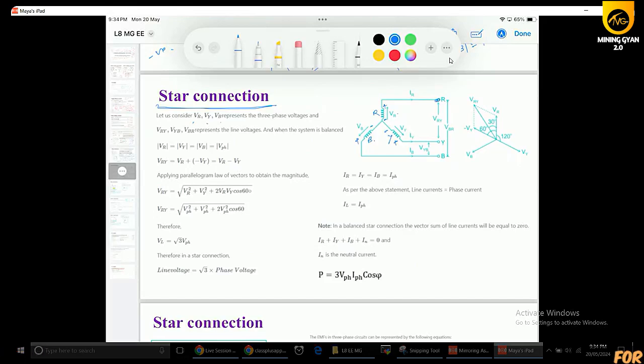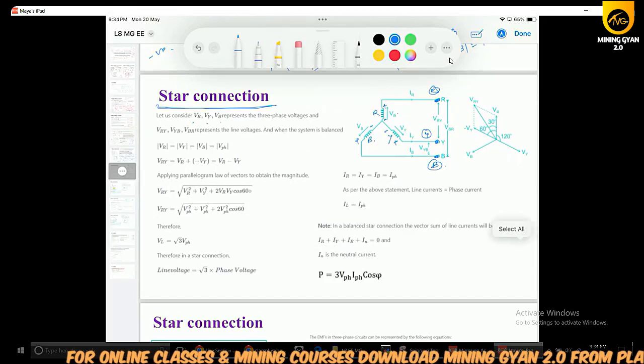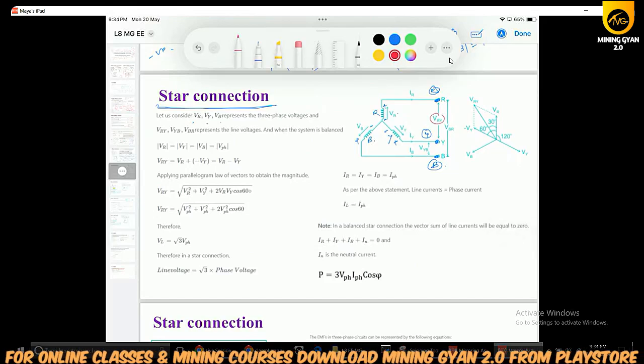However, these terminals are related to line. So this is your R terminal, this is Y terminal, and this is B terminal. The terminal voltages will be VRY, VYB between Y and B, and VBR.